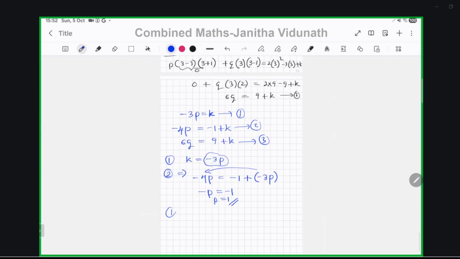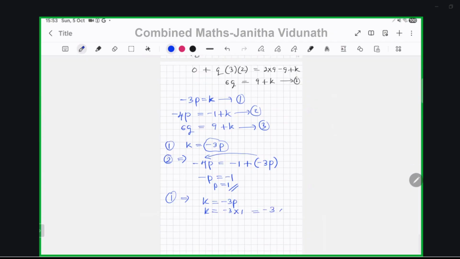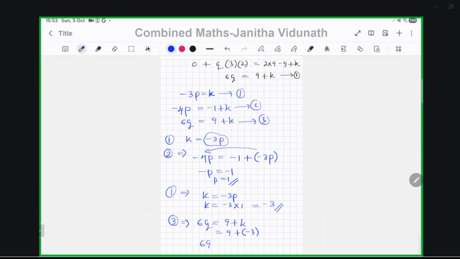Then from the first equation we know k is equal to minus 3p, that means minus 3 times 1. Then k is equal to negative 3. From the third equation we know 6q is equal to 9 plus k. That means 9 plus minus 3. Then 6q is equal to 6. That means q is equal to 1.